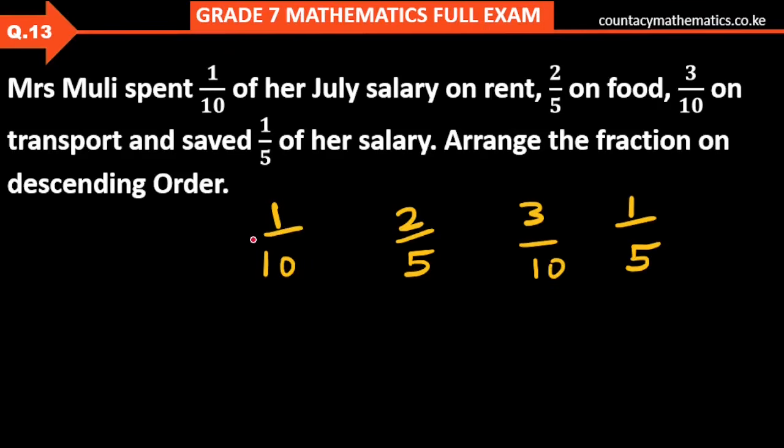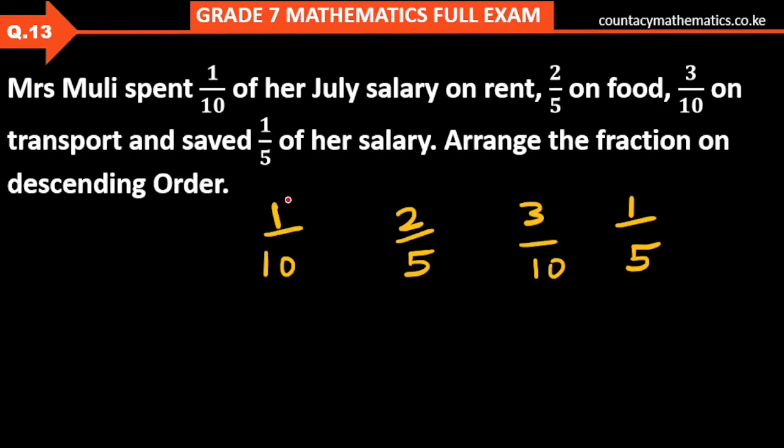If you can convert them to a similar denominator, then it becomes quite easy to check which one is big, which one is small, and so on.